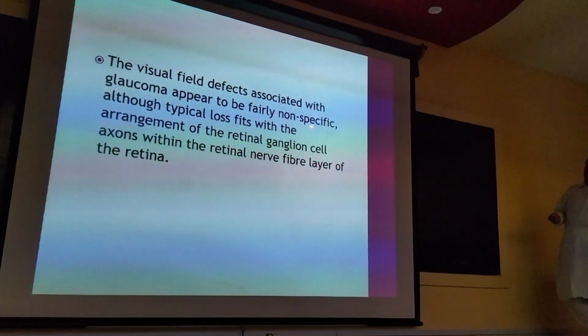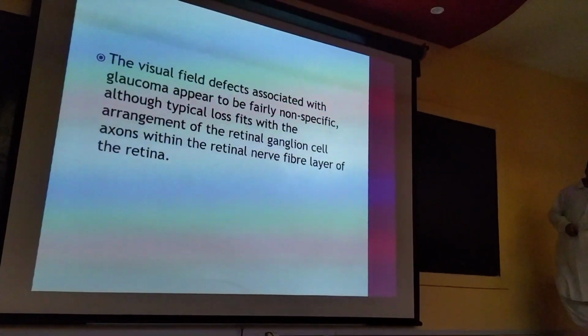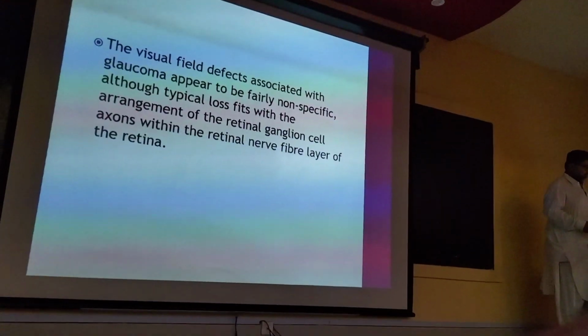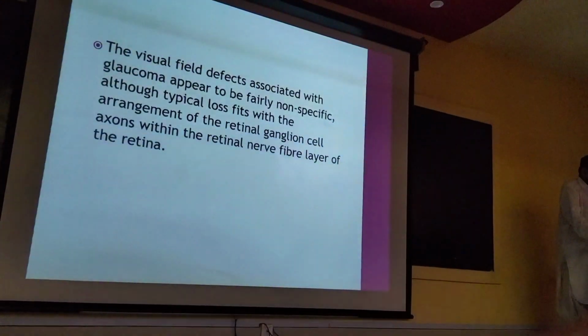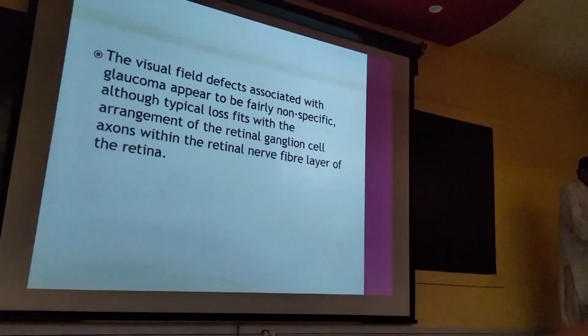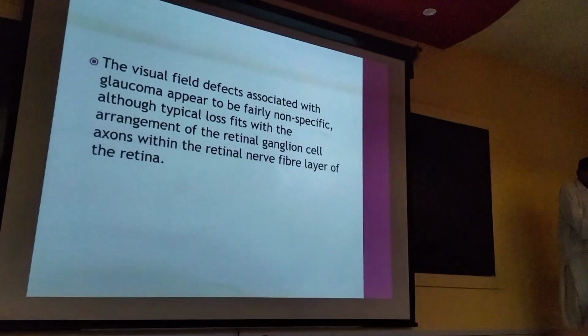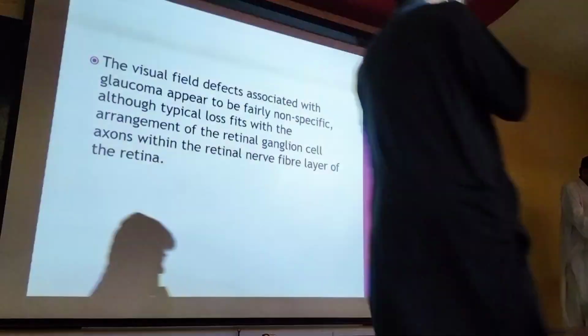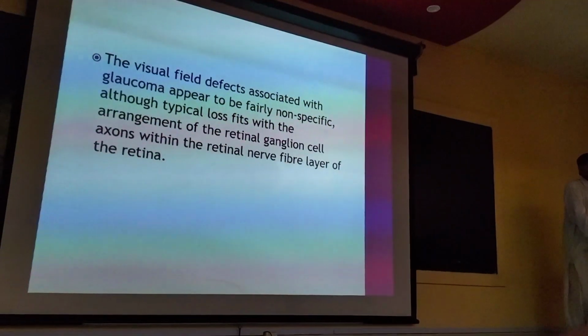The visual field defects that are associated with glaucoma, they are non-specific and they actually correlate with the retinal ganglion cell defects and the retinal nerve fiber defect.